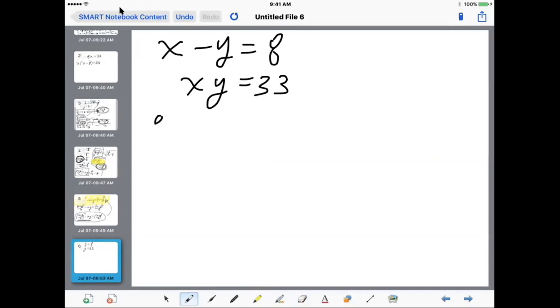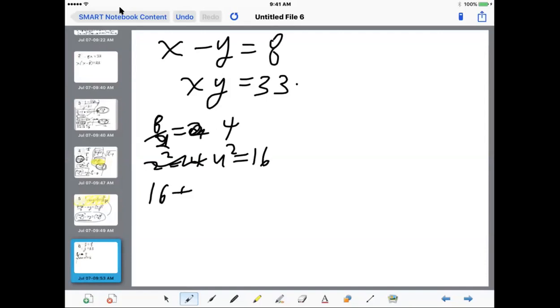We take 8 over 2, not 8 over 4, sorry, 8 over 2, we square it. But this time, instead of subtracting the product, we add the product.